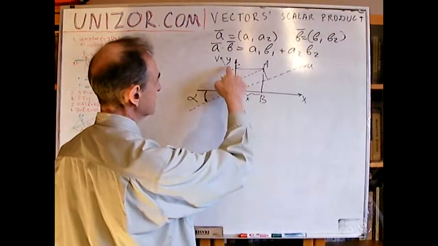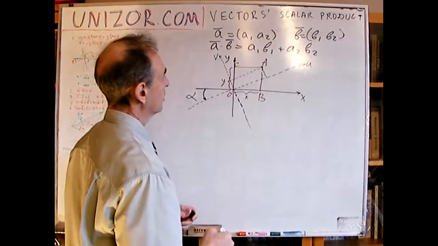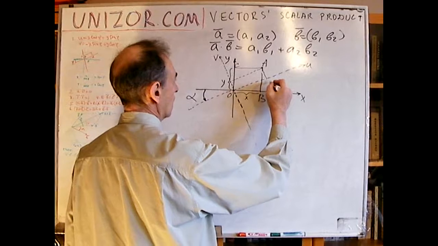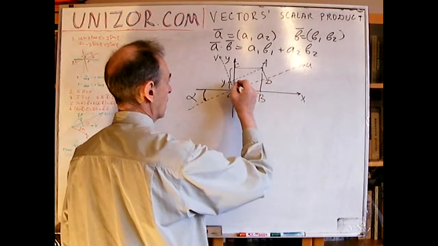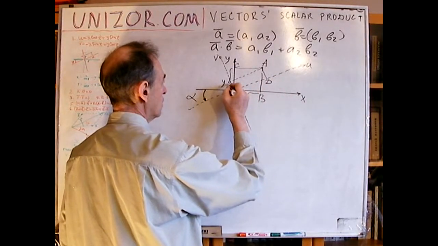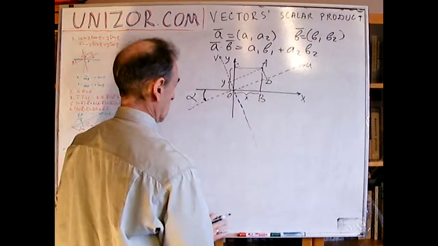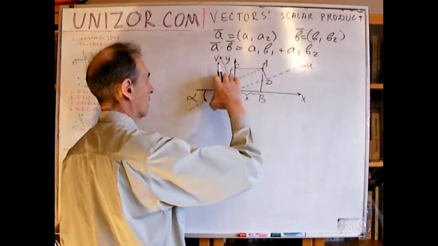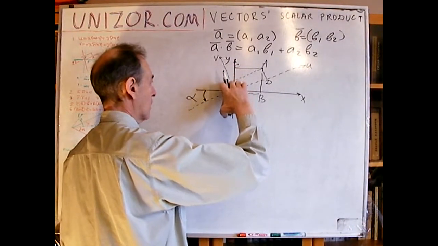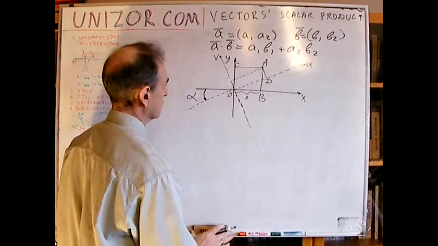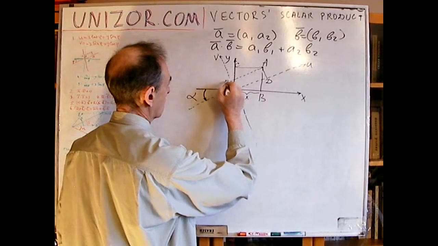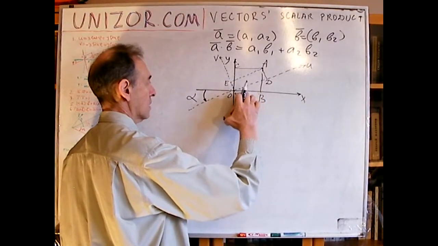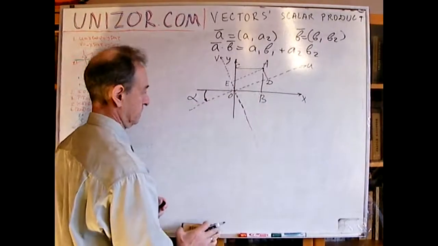Okay, so B and C are projections of our point A onto the old axes. Now D and E, okay, we know that this is Y. So this point is E. And we know that this is X. Okay, it's clear.